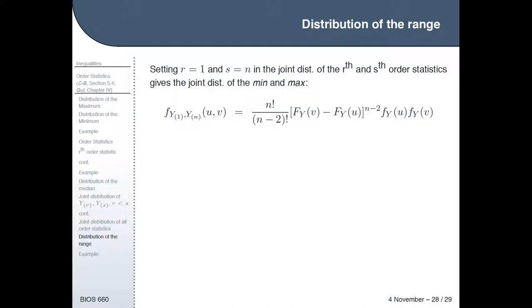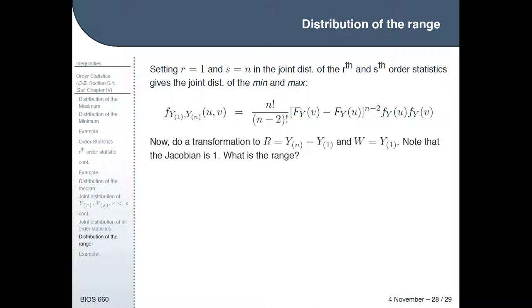That will give us n factorial over n minus 2 factorial times the difference of the CDFs to the power n minus 2 times the PDFs evaluated at u and v. So you can do a transformation where you let R equal the range and W equal just the min, then that will give you a Jacobian equal to 1. So to find the joint distribution of R and W, using the change of variables formula, it looks like that particular expression.